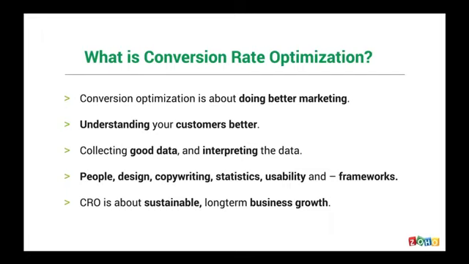The critical part of conversion rate optimization is collecting good data and interpreting the data. If you have bad data or you don't draw the right conclusions out of it, everything else becomes meaningless. So there's no point forming a hypothesis from bad data, no point testing this stuff at all, right?